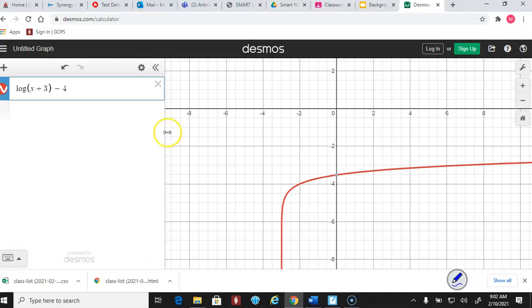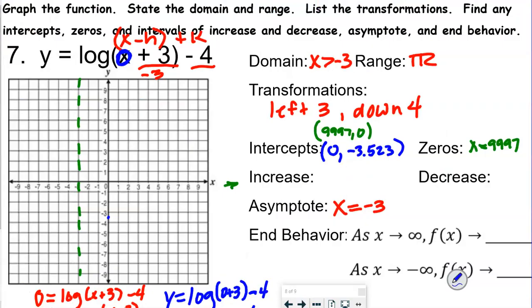That'll help us get a more accurate graph. So I'm going to plot that point, about like there. We know this graph is coming along here and going out and across over here, right? Not as straight as possible, but you get the drift. Now when we look at this graph, is the graph increasing from left to right or decreasing?